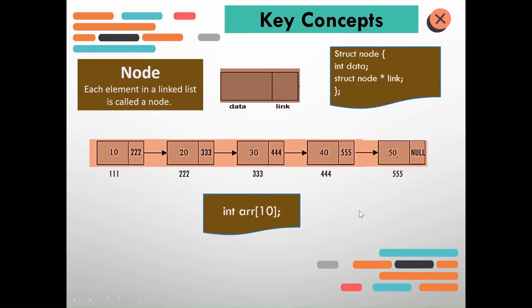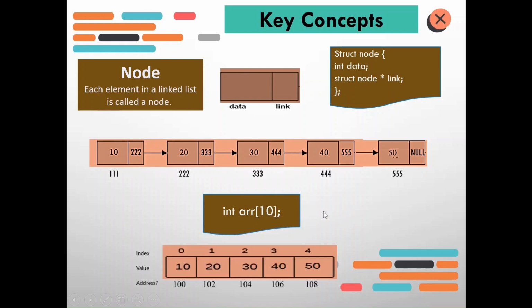So let us compare this to the concept of the array. I have declared an array of the type integer, and I would be restricting my discussion to 10 elements only. You can have a bigger array also.